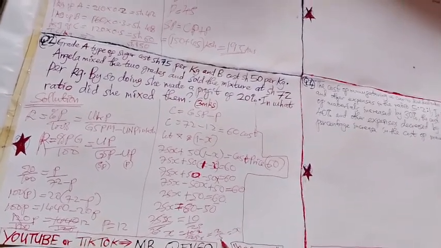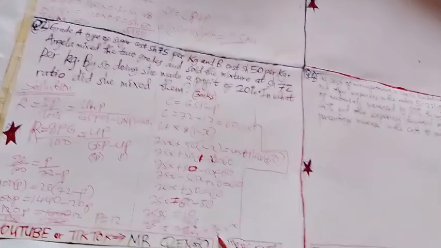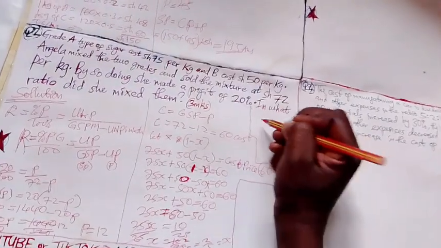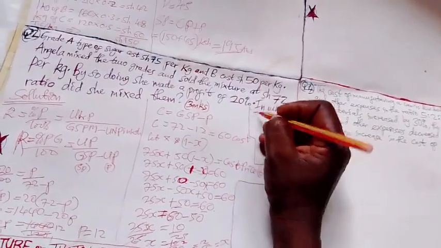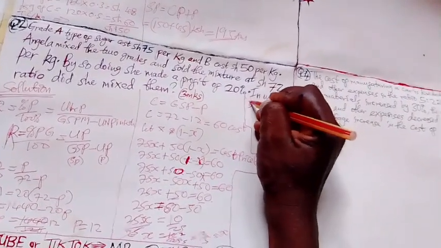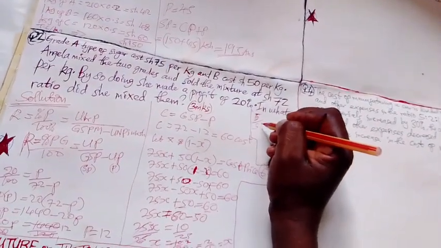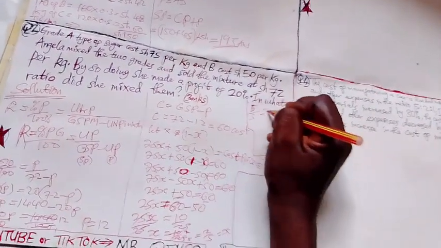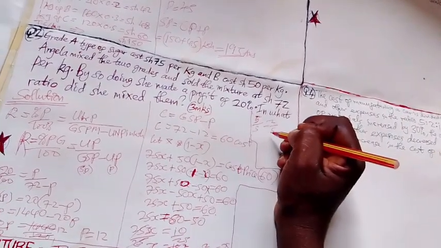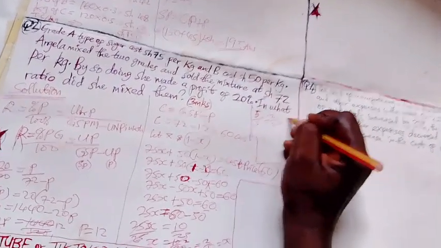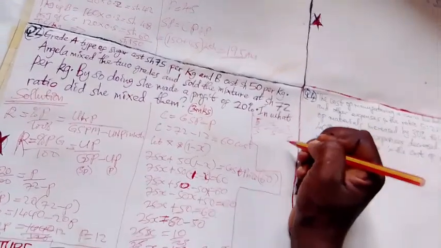Hence, B will be 5 over 5 minus 2 over 5, which is 3 over 5.